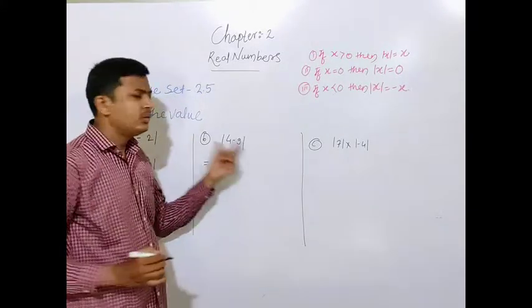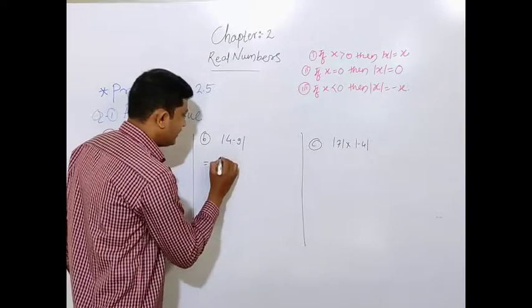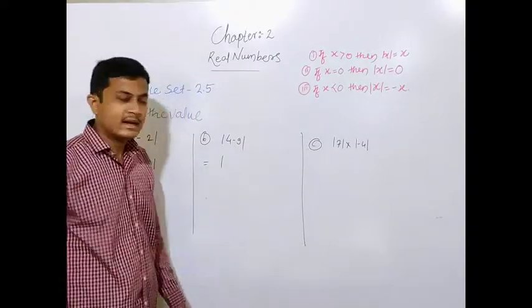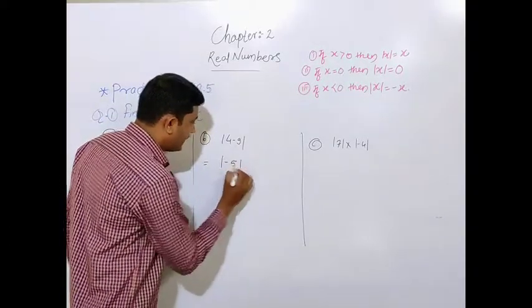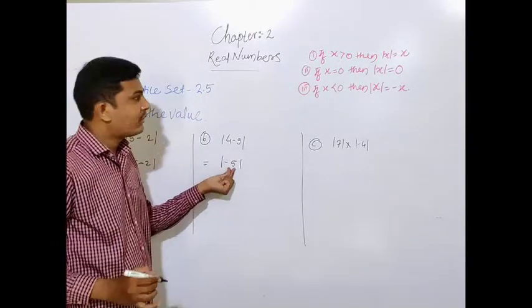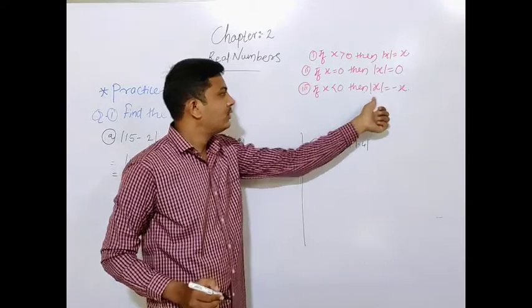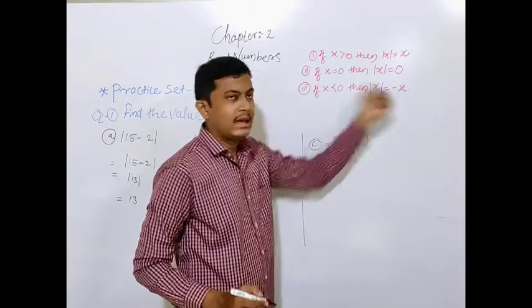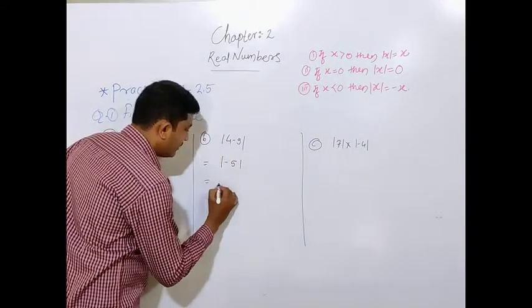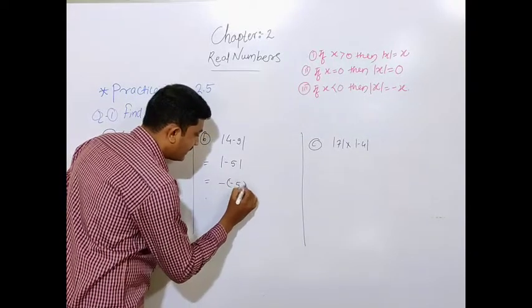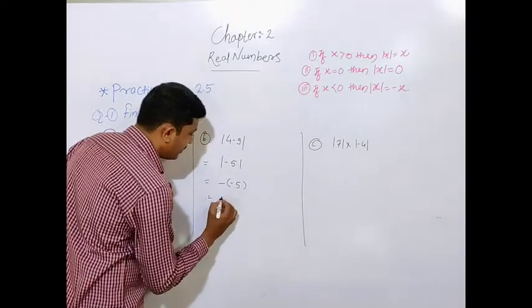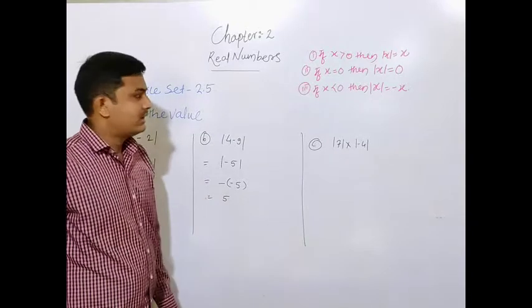Now again do the subtraction: 4 minus 9 equals minus 5. Here the value of x is minus 5, that is less than 0, so we get minus of x. So minus of minus 5 equals plus 5.